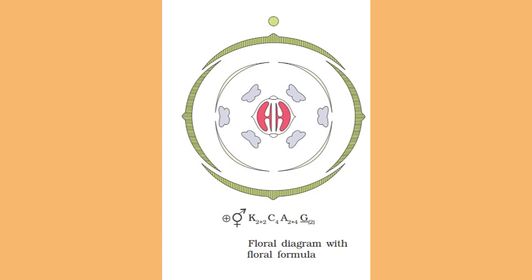Below that, the corolla. Below that, butterfly-like structures are called stamens or androecium. Within that, the transverse section of the ovary is called the gynoecium. Below that, the floral formula is also there.